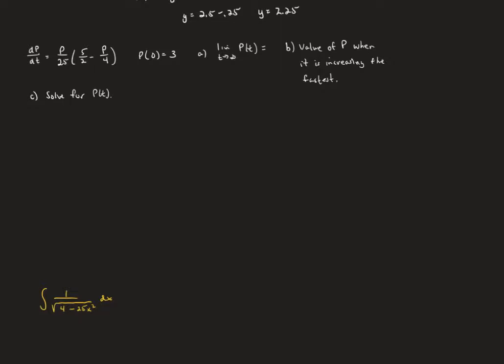First, we want to know what's the limit as t goes to infinity. So this is our carrying capacity, and that's what's going to make this be equal to 0. So we can either just set that equal to 0, or eventually we're going to want to factor that out anyway. So dP/dt is going to be P over 25, and then I'm going to factor the 1/4 out of that, so that will give us a clean P here.